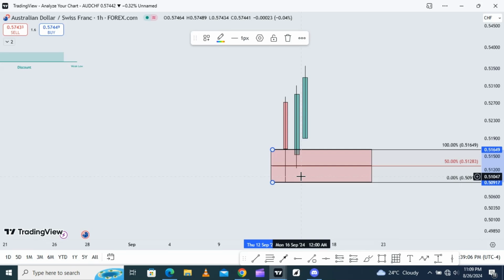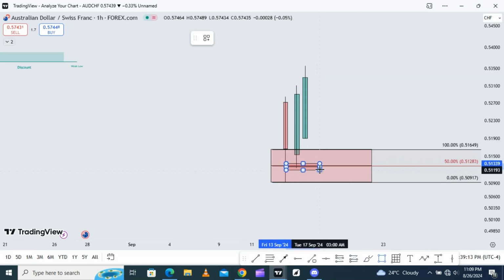So after the market reaches the 50% of the fair value gap, you have to wait for the market to shift, and after the shift, you wait for a retracement, then you can take your trade based on your risk management, based on your capital. So this is how the wick is a fair value gap.